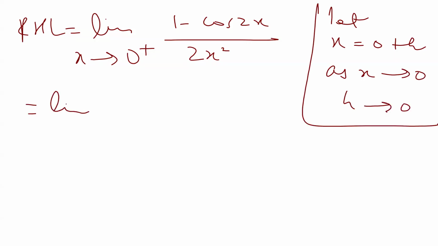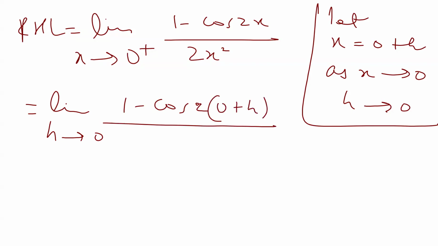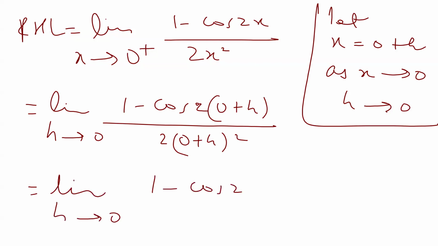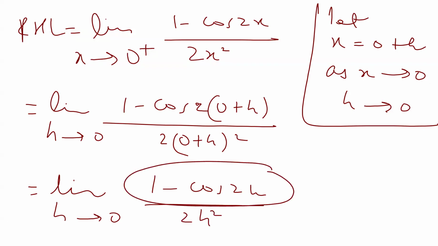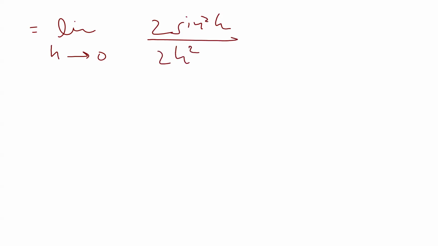Limit h approaching 0, (1 minus cos 2h) upon 2h square. 1 minus cos 2h, half angle formula, is 2 sin square h, upon 2h square.